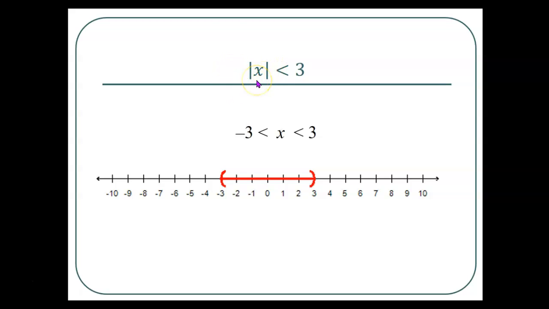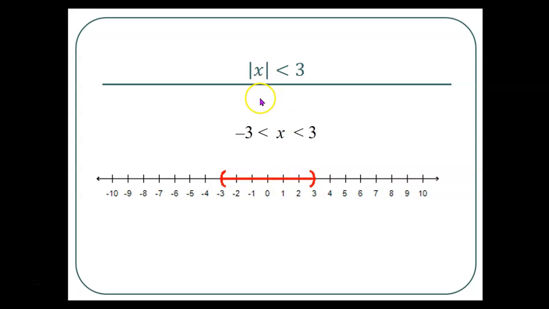It says that the absolute value of x is less than 3. And that's equivalent to saying that x itself is between -3 and 3. Because if you think about what x could be, if x is a positive number, then the absolute value of x is just x, and it has to be less than 3.